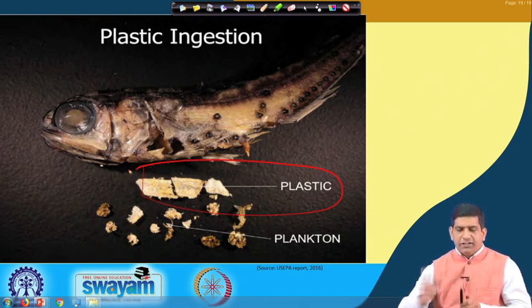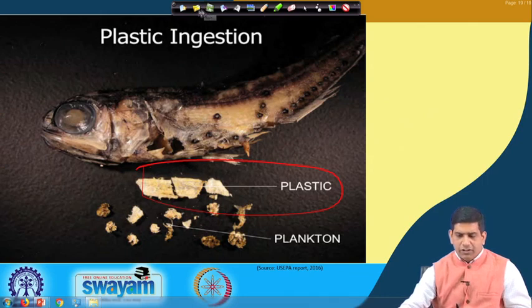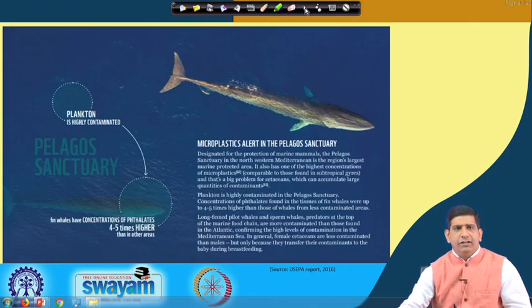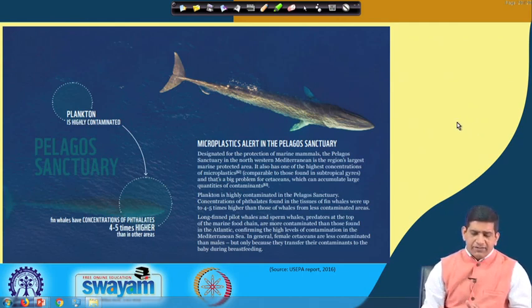Plastic is showing up in these species, which has been reported in many studies now. Plankton is highly contaminated. Fin whales have a concentration of phthalates 4 to 5 times higher than in other areas.